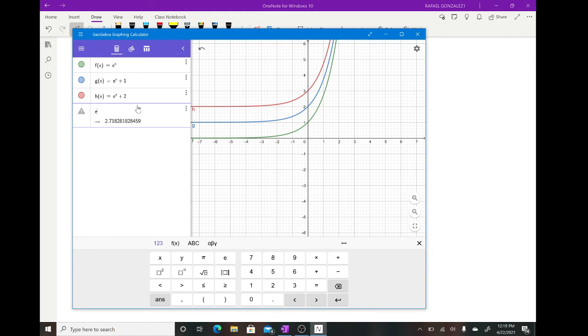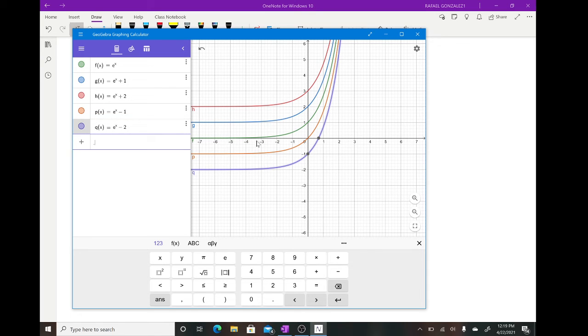We could have also had e to the x minus 1. We could have had e to the x minus 2. And notice how our original equation is just e to the x. If you take the derivative of all of these other graphs, you're just going to get e to the x. You're just going to get the green line. So whenever you take the derivative, these constants go away and you just get back e to the x.